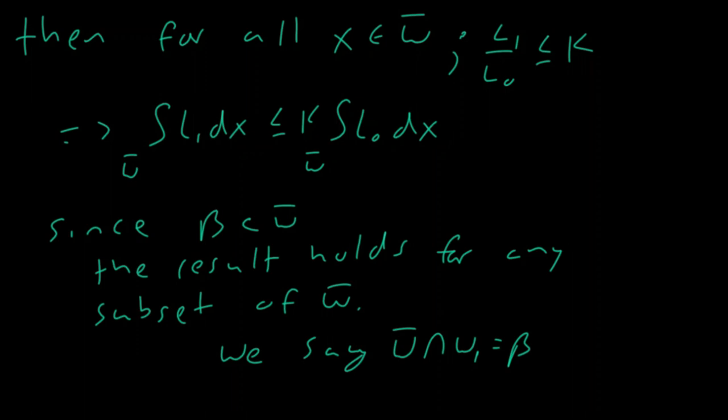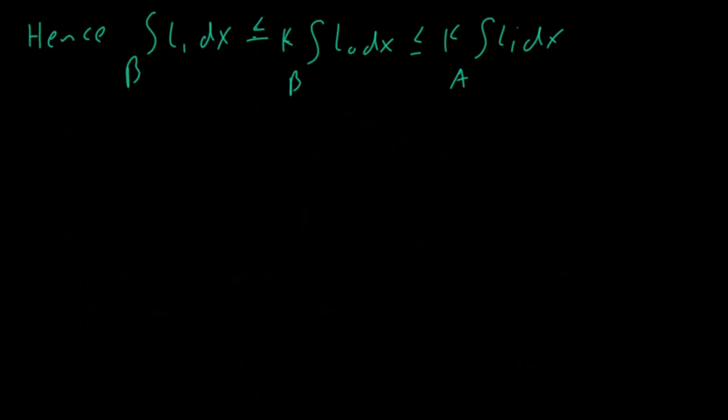We say that W complement intersect W1 is equal to beta. Hence, we have the integral across B of L1 dx is less than or equal to K times the integral across B of L naught dx, which is less than or equal to K times the integral across A of L1 dx.